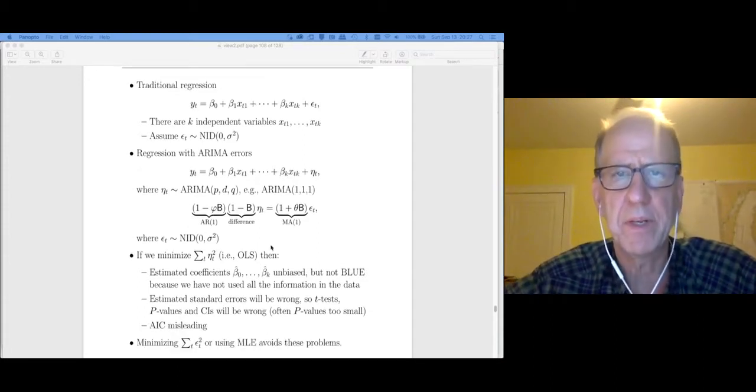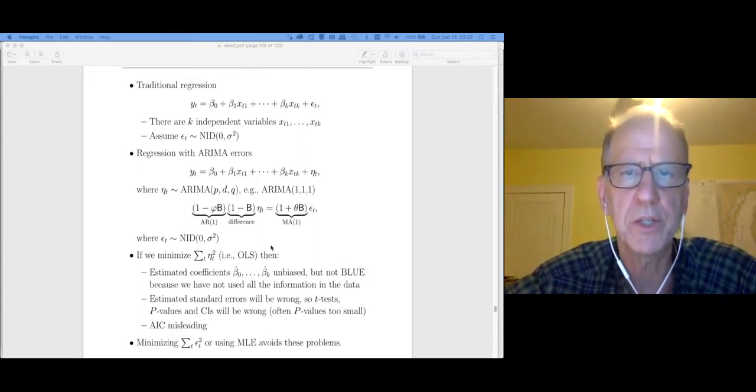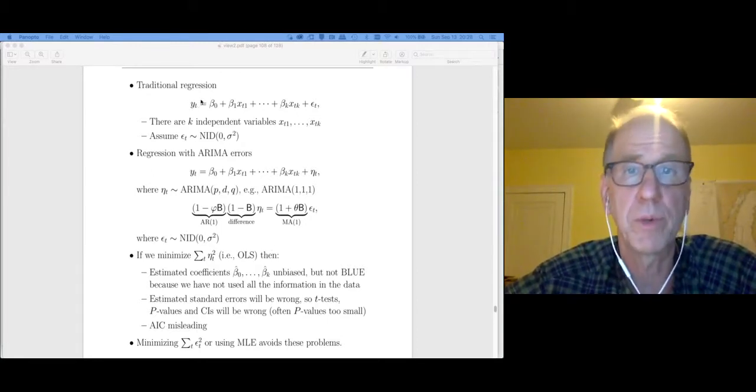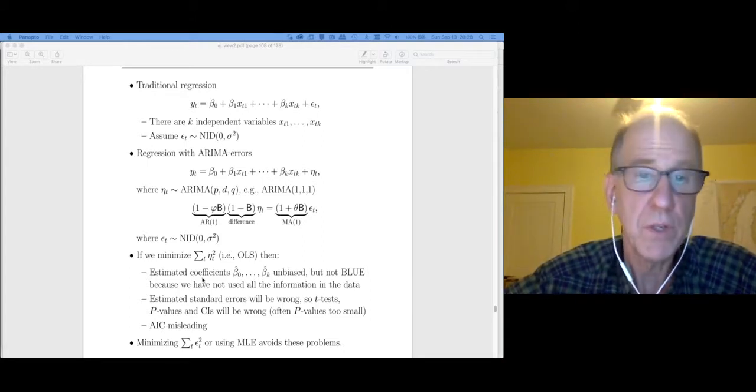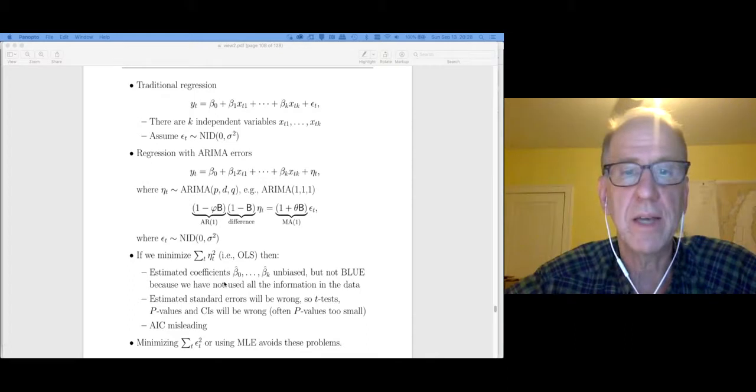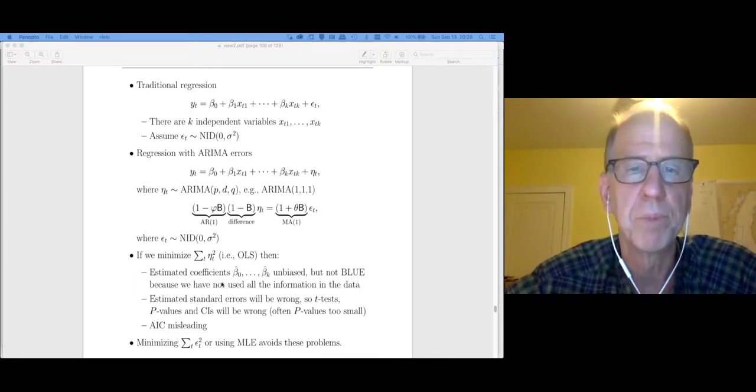What would happen if we had serial correlations between our errors and we just fitted a normal, basic regression? Several things go wrong. The first thing that goes wrong is that the estimated coefficients will still be unbiased, but they're not going to be BLUE.